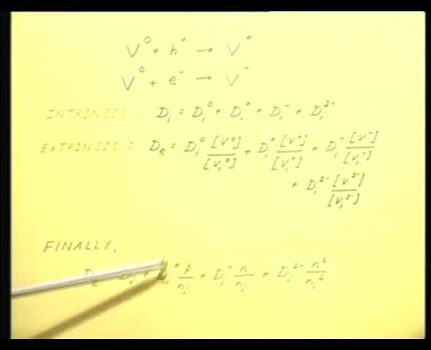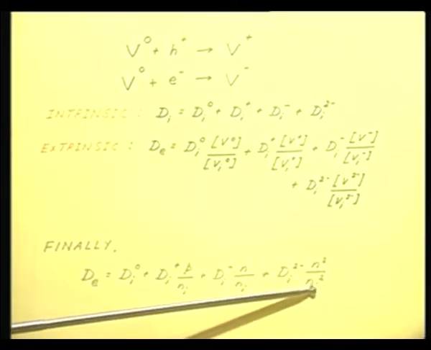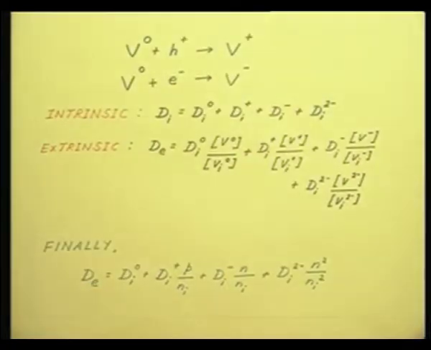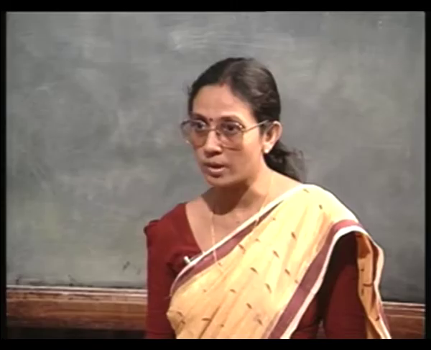Either of these two terms will come into picture, right. And if you have very high concentration and an n-type impurity, then this third term may also dominate the situation. So, in which case you will have d proportional to n square.